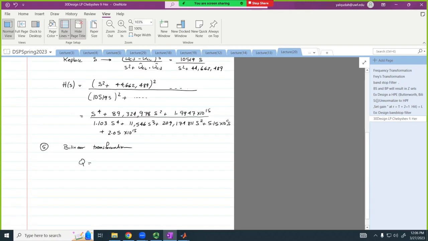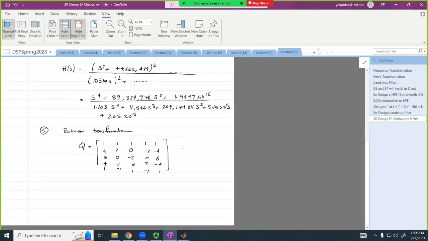And Q is going to be a 5 by 5, which is going to be 1 1 1 1 1, 4 6 4 1 2 0, negative 2 negative 1 0 negative 2 0 1 1 negative 2 0 2 negative 1 negative 4 6 negative 4 1. And C is going to equal 2 over T, which is going to equal 10,000.